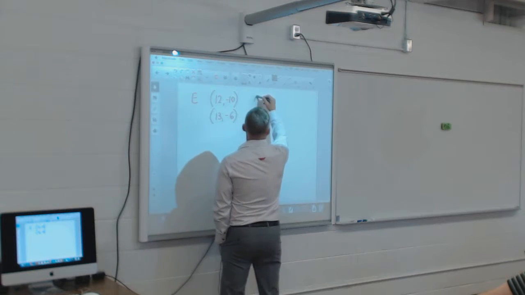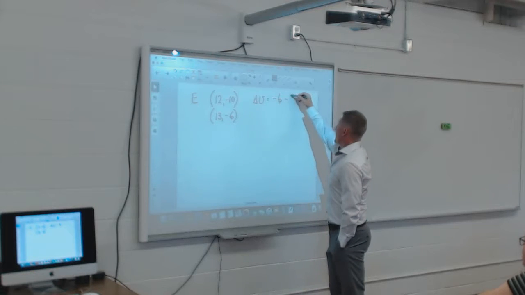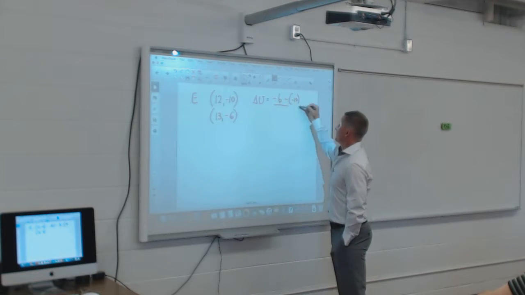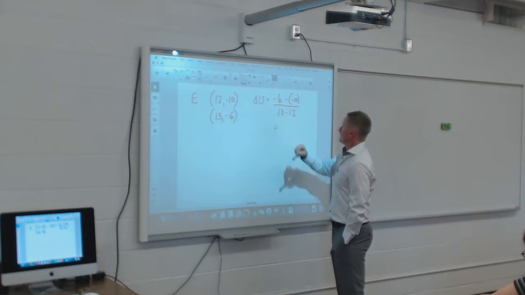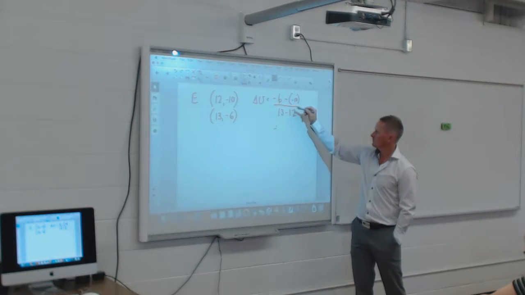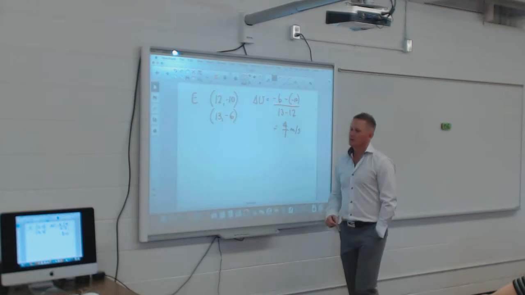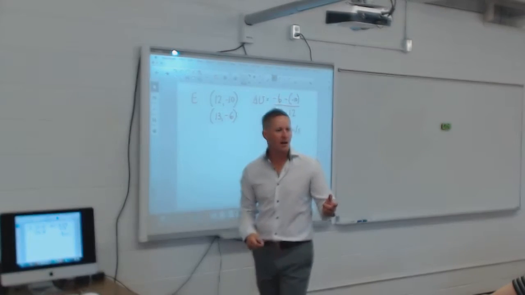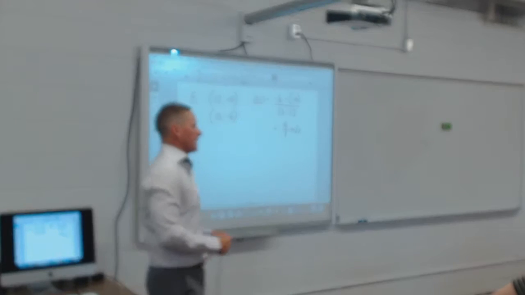Change in velocity equals negative 6, subtract negative 10, over 13 subtract 12, which is equal to 4 over 1. 4 meters per second. So now, what does that tell me about my direction? You're going back to where you started. Going back to where I started, right?